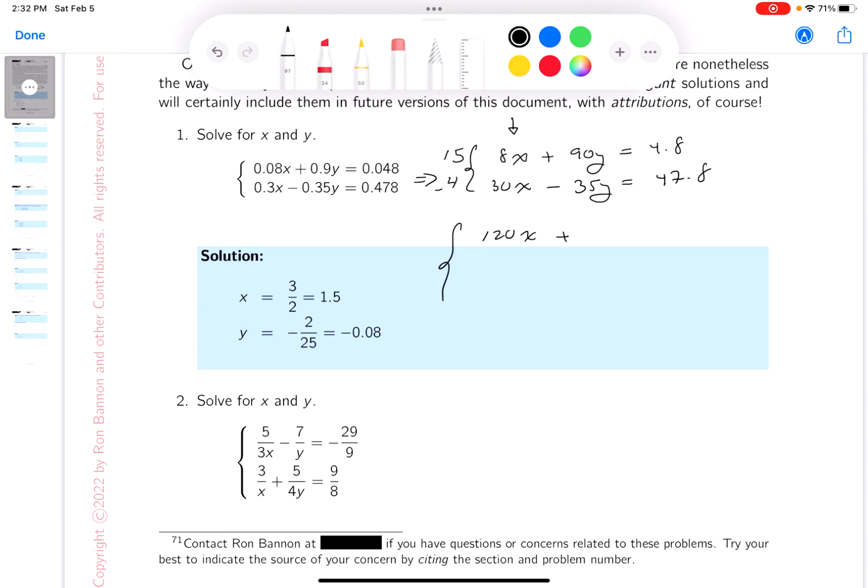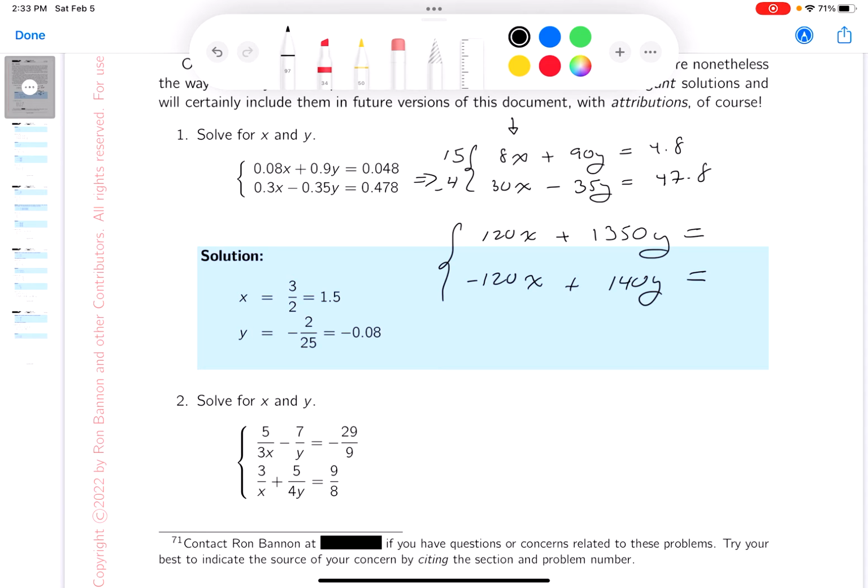Well, I know it's tough, but 15 times 90 is 900 and 450, which is 1350. And let's do the bottom. Minus 120x. And let's see, that's going to give me plus 140y.